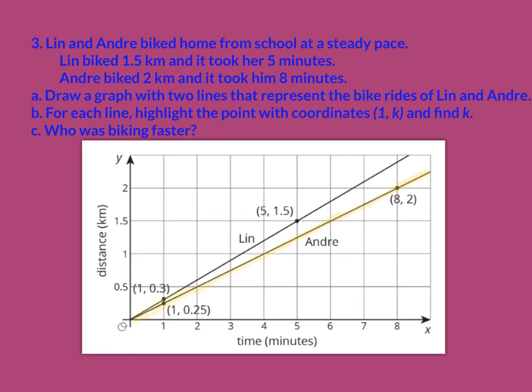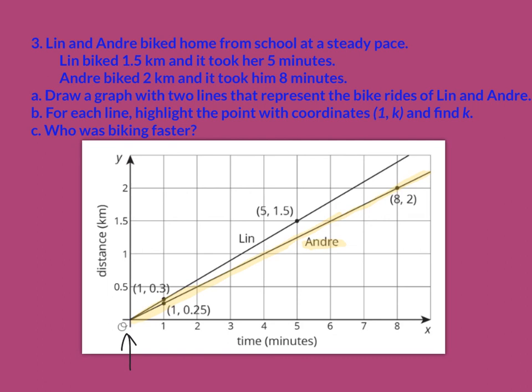This is Andre. We'll highlight Andre's in yellow. We know that they both started at 0, 0. When 0 time had gone by, they'd gone 0 kilometers in this particular case.